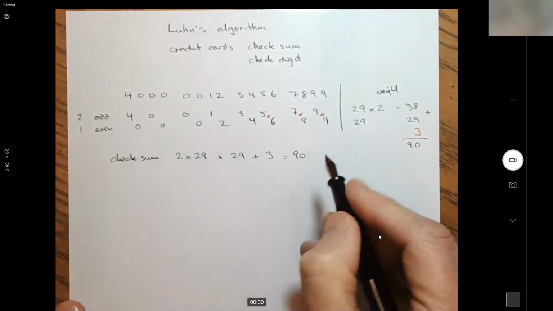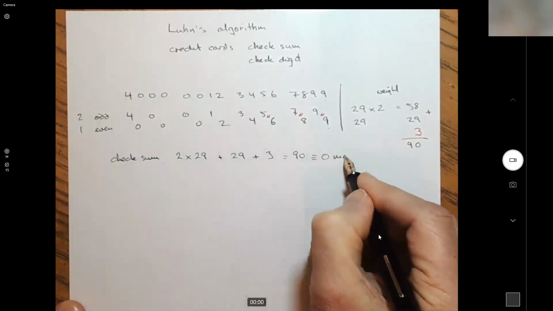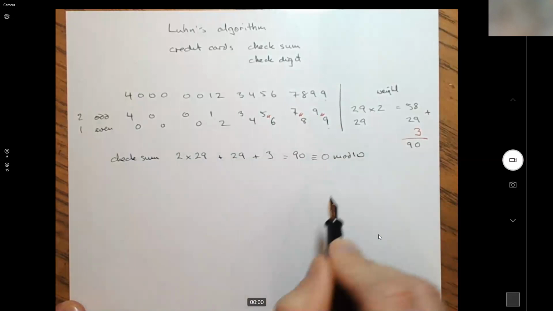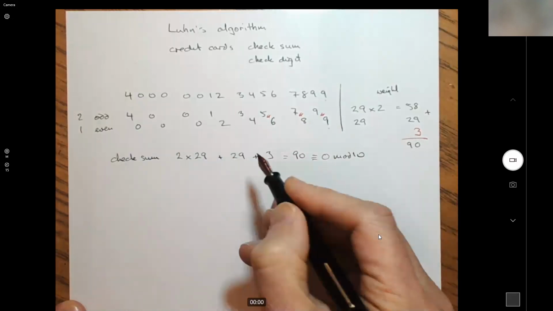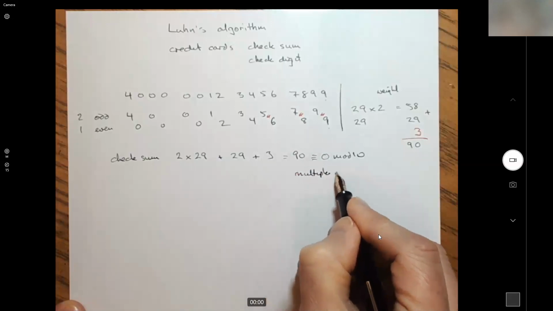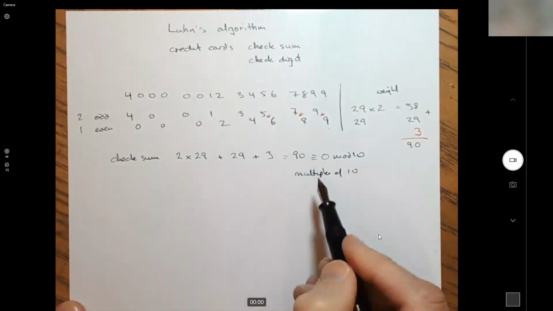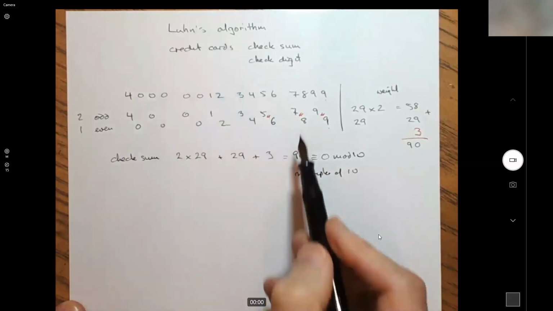And the important thing here is that this is congruent to 0 mod 10. In other words, 90 is a multiple of 10. In fact, that's exactly the condition we want for Luhn's algorithm.